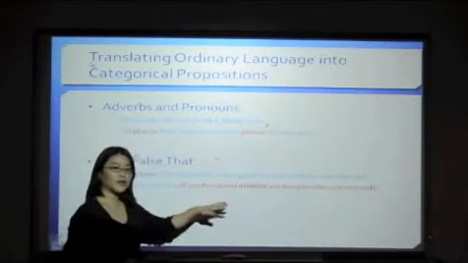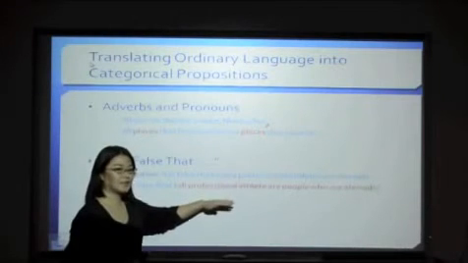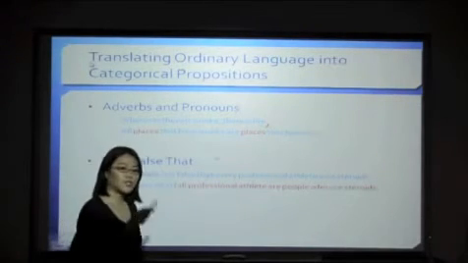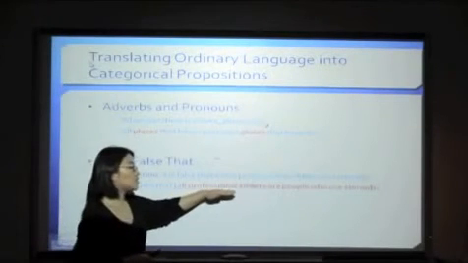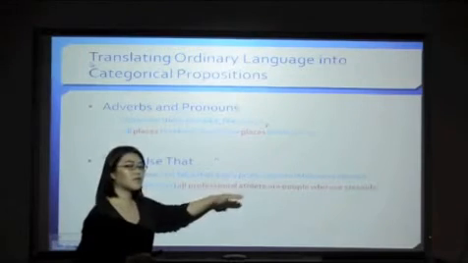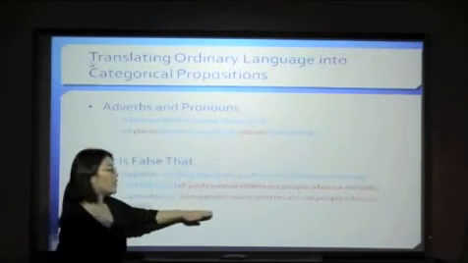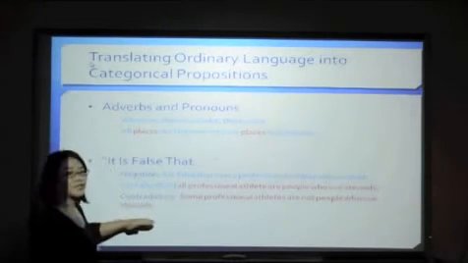Now after doing so, what we want to do is take the contradictory of this statement, okay? Remember when we talked about the modern square of opposition. So if it's false that all professional athletes are people who use steroids, then it's true that some professional athletes are not people who use steroids, okay?